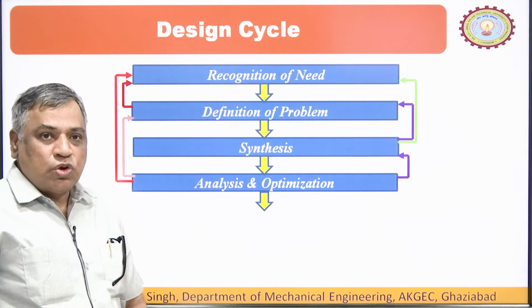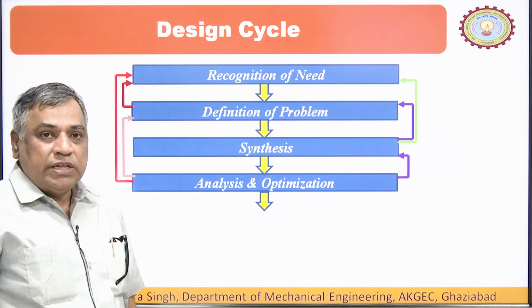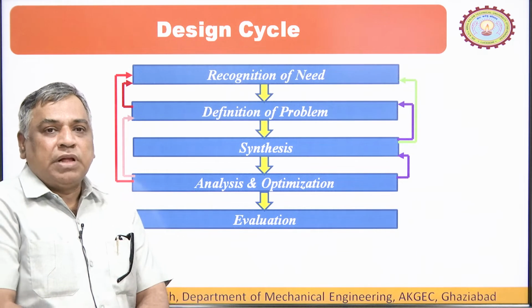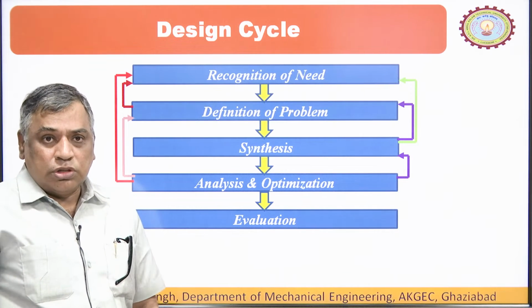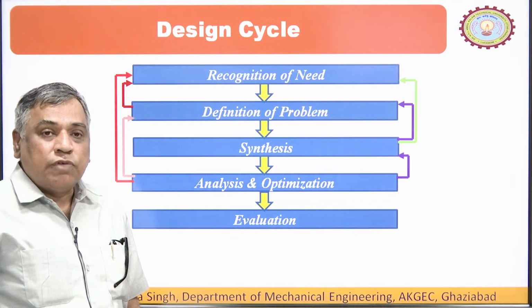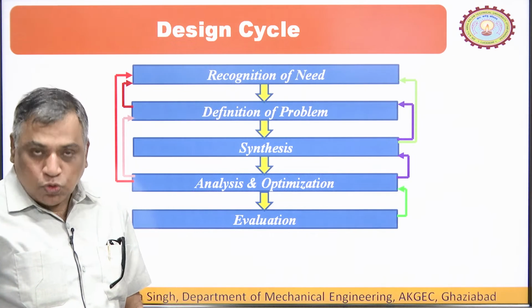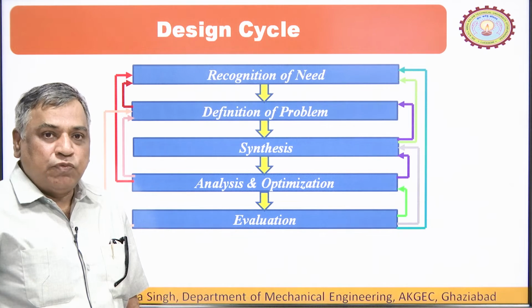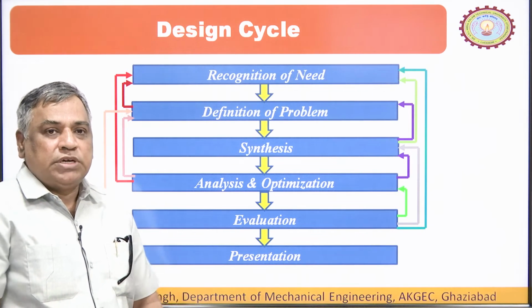If everything is okay and analysis and optimization is correct, then after finding the optimal solution, we will go to the evaluation. We will apply the testing condition on this optimized solution of the design, and after evaluation, if we find this is going to fail, we will move backward at every step, and once this evaluation is successful, then we will move to the presentation.